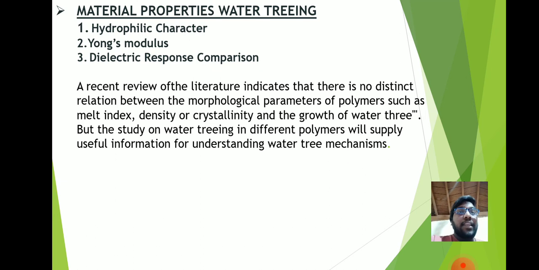A recent review of the literature indicates that there is no distinct relation between the morphological parameters of polymers, such as melt index, density, or crystallinity, and the growth of the water tree. But the study of water treeing in different polymers will supply useful information for understanding water tree mechanisms. Let us discuss these material properties briefly.